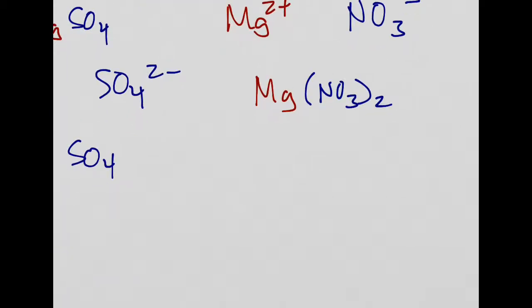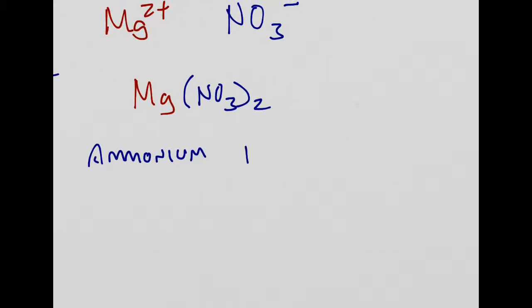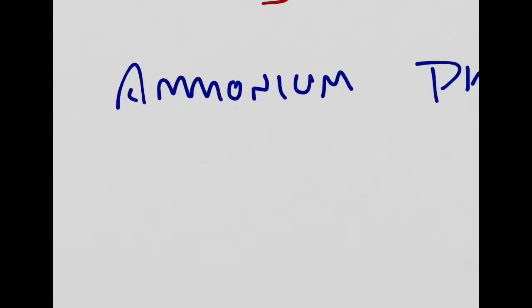So let's say then we have something like ammonium phosphate. To make ammonium phosphate, you need an ammonium ion. And the polyatomic ion, ammonium, NH4, has a +1 charge.